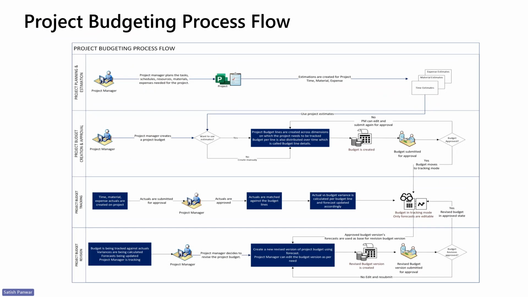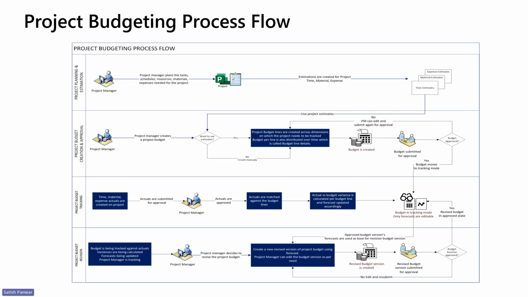Before we get into the details, let's quickly review a high-level project budgeting process flow. It starts with the project manager, wherein a detailed project is created with all the work breakdown structure, with the resources, material, expenses, kind of adding into the estimates, which results in 3 different estimates: time, material, and expense.